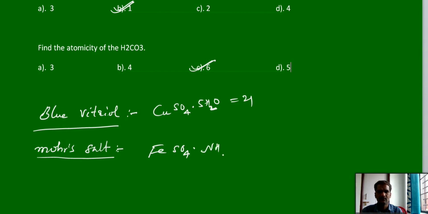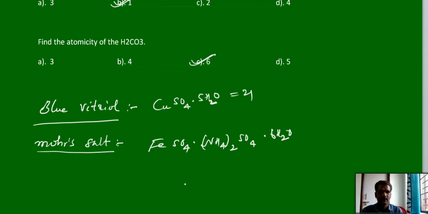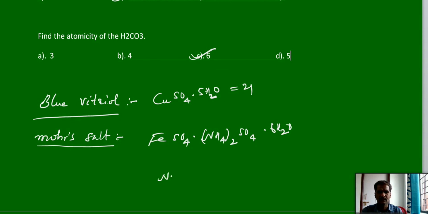FeSO4, (NH4)2SO4, 6H2O. Or you can write the formula like this also: (NH4)2SO4 and FeSO4, 6H2O.